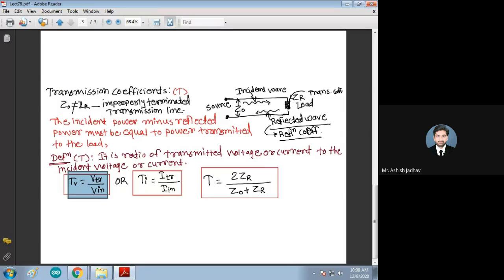In terms of current, it is Ti equal to Itr upon Iin. And in general, the transmission coefficient is equal to 2ZR, where ZR is your load resistance, divided by Z0 plus ZR. So this is how you can define this transmission coefficient.